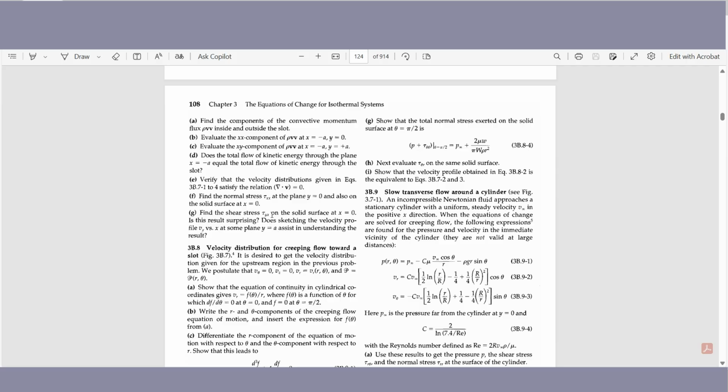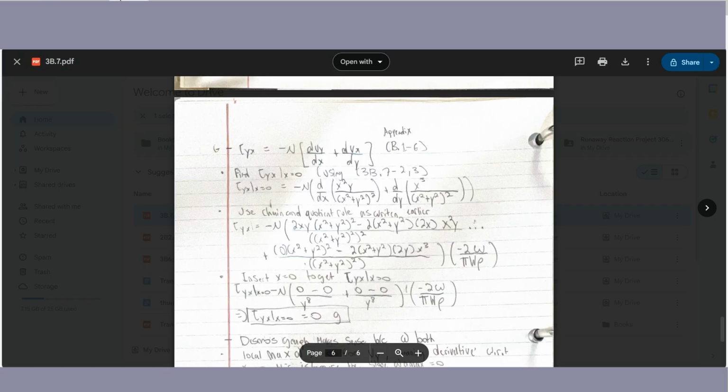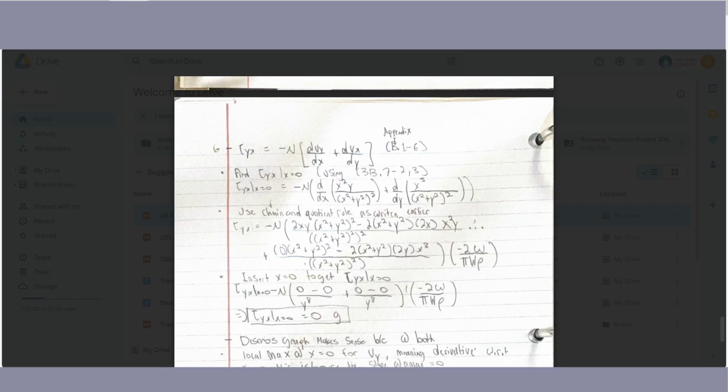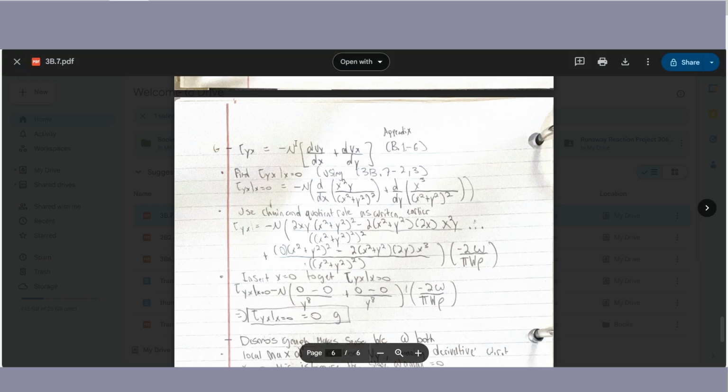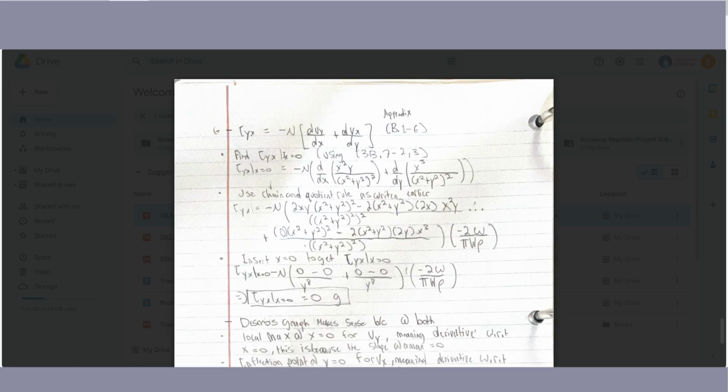So now we're just going to find the shear stress. From appendix B.1-6, you get this equation, and this is the whole equation, no exceptions or anything. So we need to find the derivative with respect to x for Vy and the derivative of Vx with respect to x.